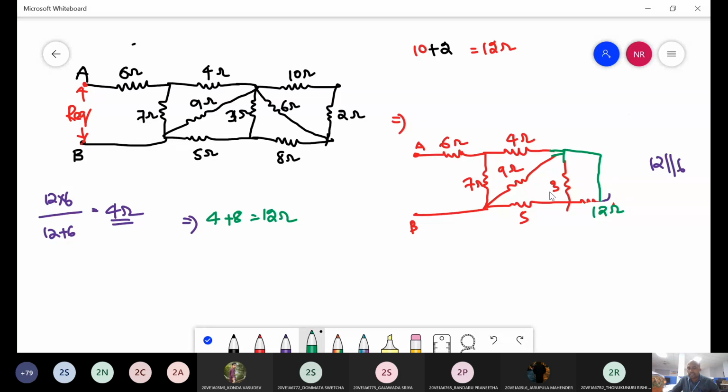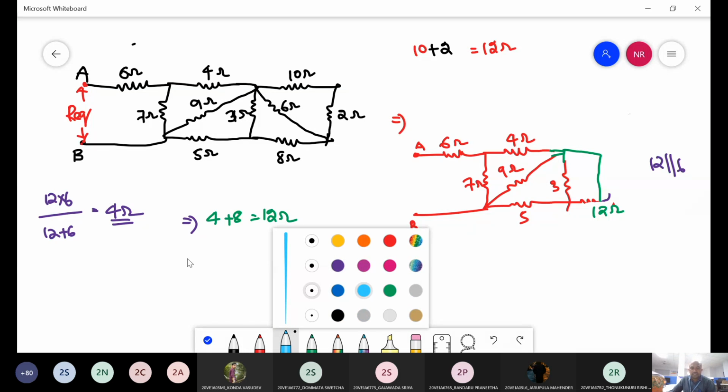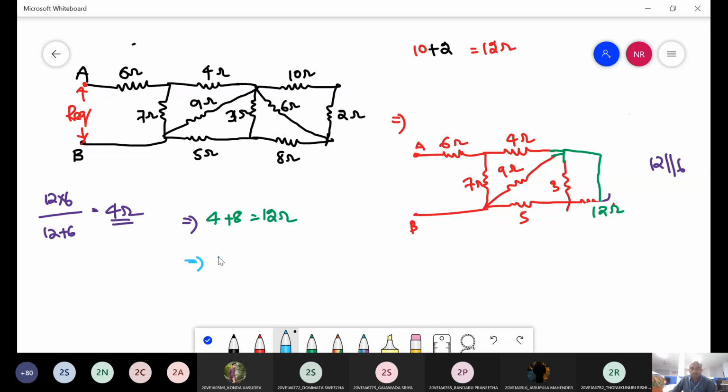Now 12 ohms and 3 ohms, these two are parallel. So that is next level. That next level is 3 into 12 by 3 plus 12.